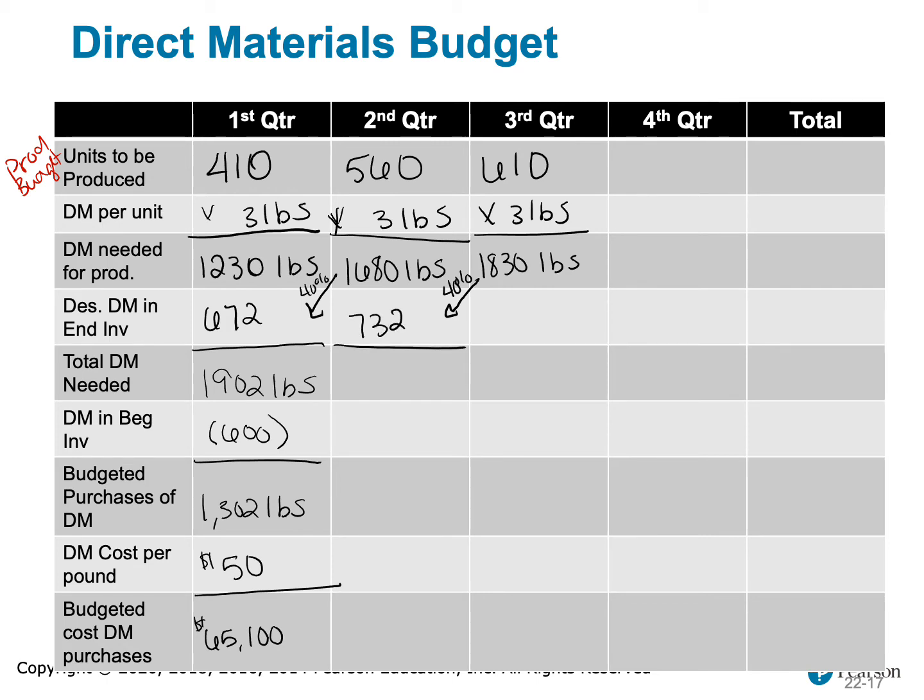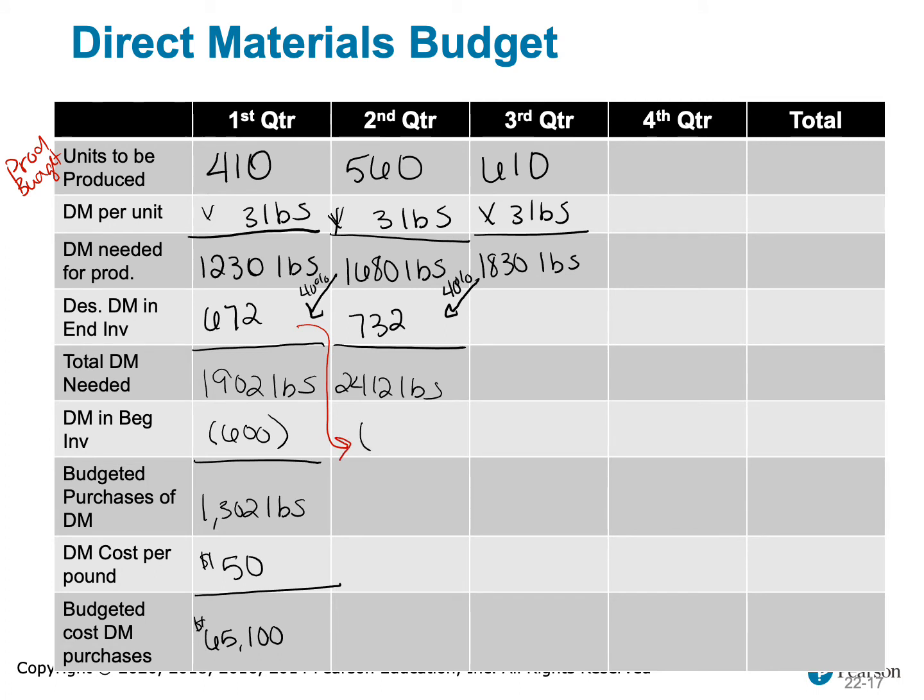So that means in total, I need 2,412 pounds of materials in quarter two. Now, the good news is I don't have to buy all of those because remember, I pre-bought some of quarter two's materials in quarter one. So this 672 pounds of materials that I bought in quarter one become quarter two's beginning inventory.